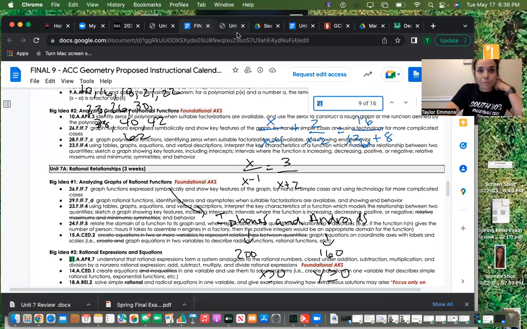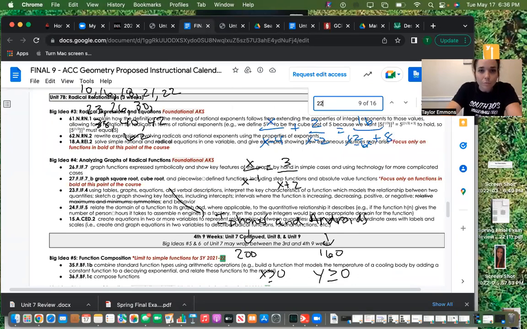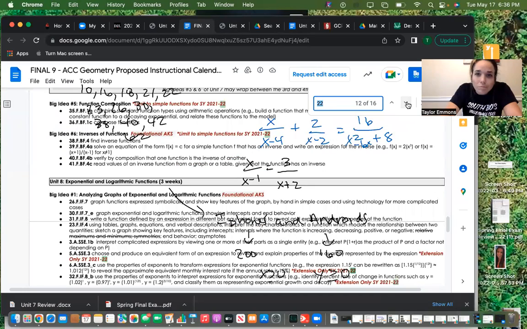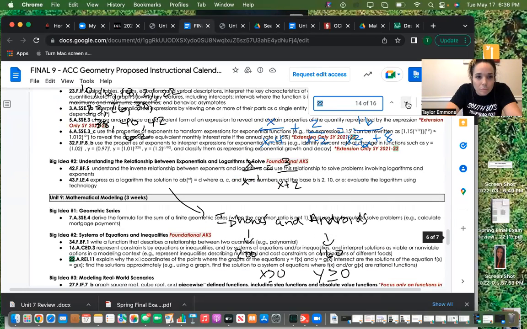And the next one would be, okay, explain why the x coordinates of the points where the graphs intersect are the solutions of the equations, or find the solutions approximately.